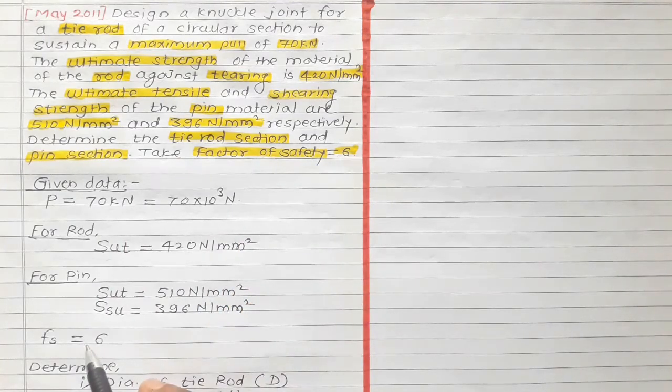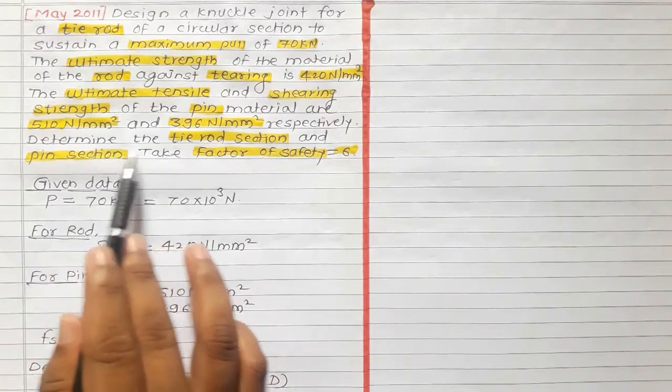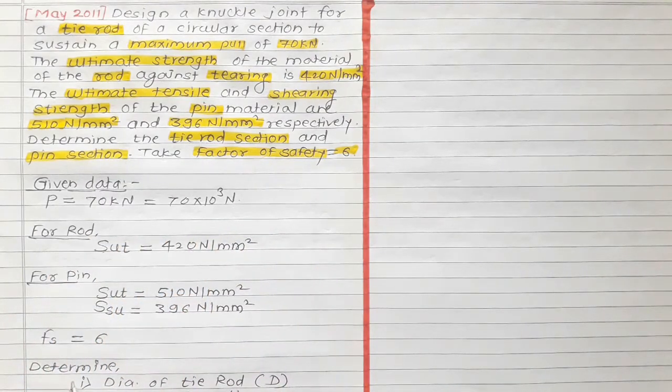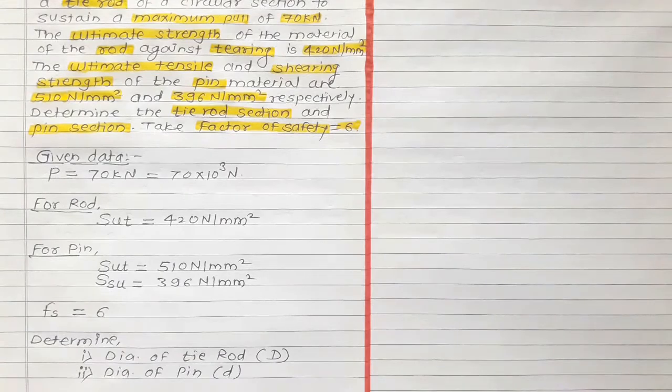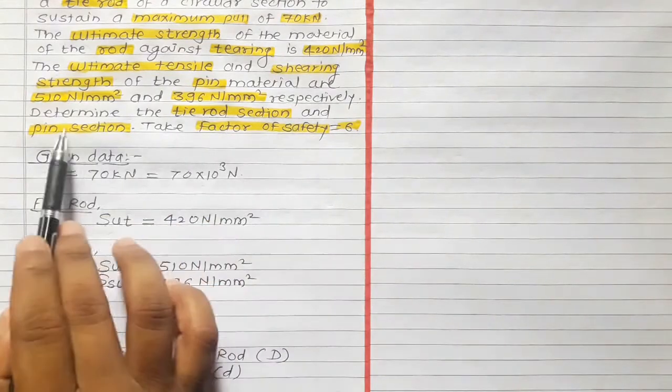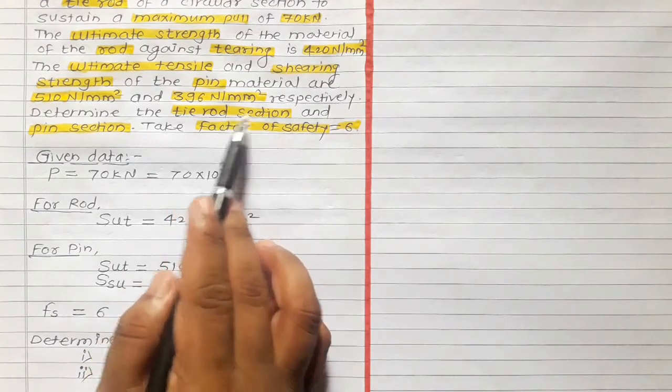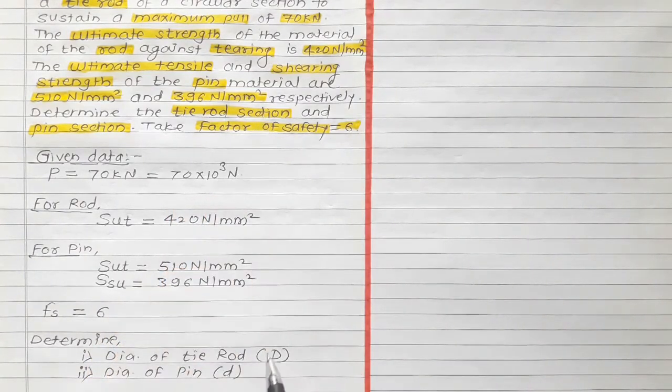And we have to determine the tie rod section, that is the diameter of rod. So under the heading of determine, we first write the diameter of tie rod, capital D, and second we have to determine the pin section, so we write the diameter of pin, small d. So these two parameters we have to determine.